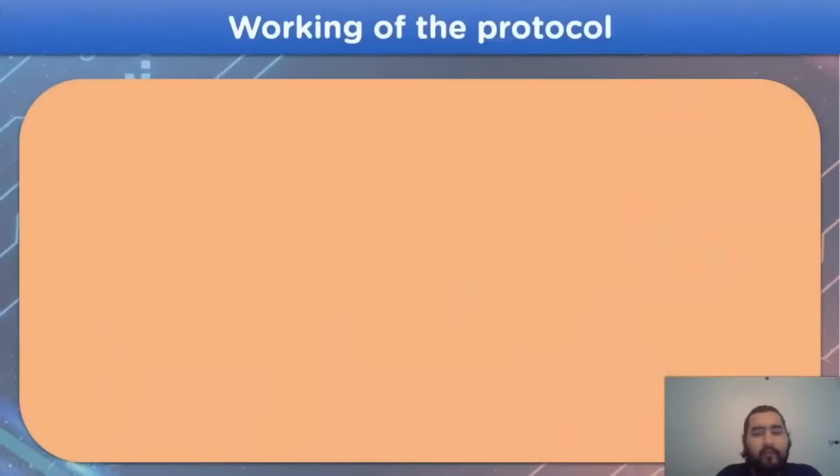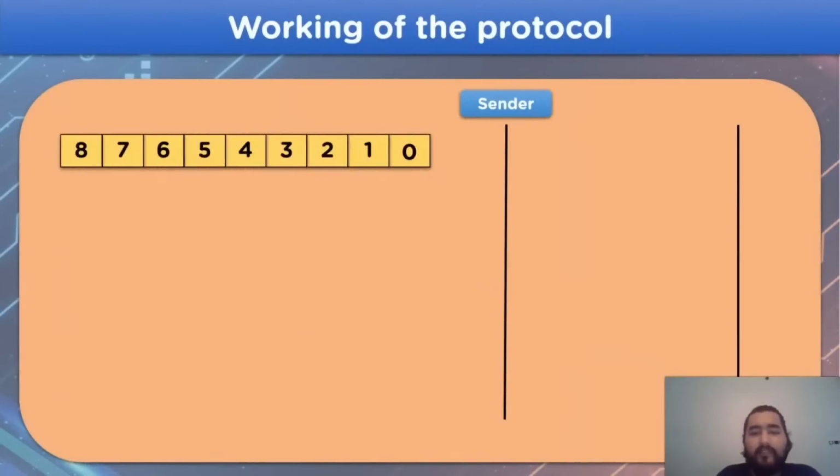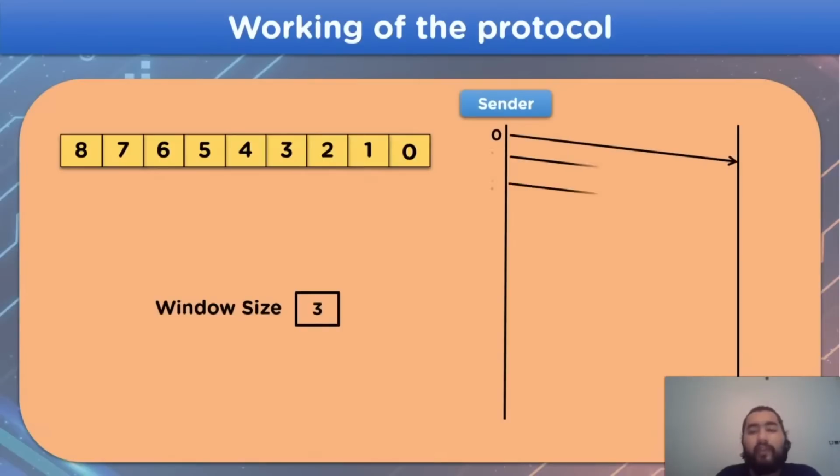To begin with, we have a sender side and a receiver side, along with the sequence number, the window size for the network channel, and the number of frames, which will already be assigned in the network. Now, by applying the sliding window protocol, we will send the first 3 frames from the sequence continuously, which will be frame number 0, 1 and 2.